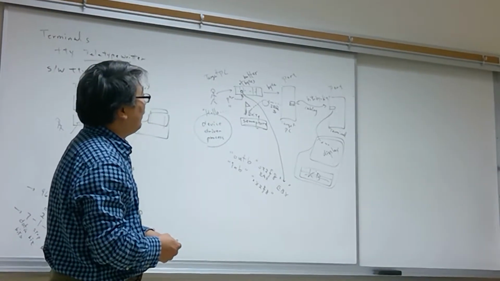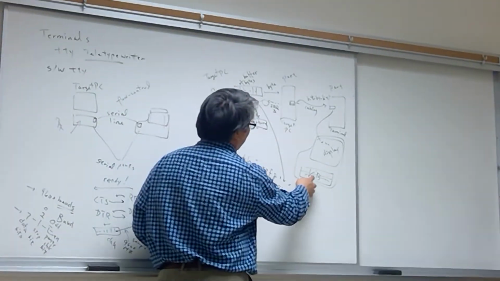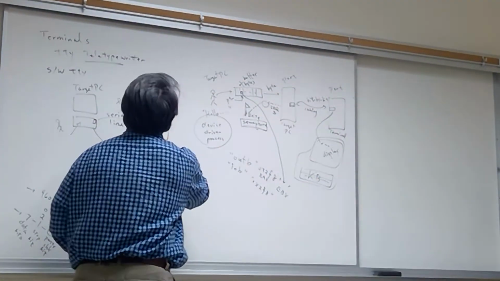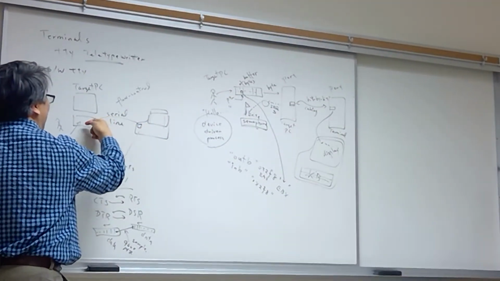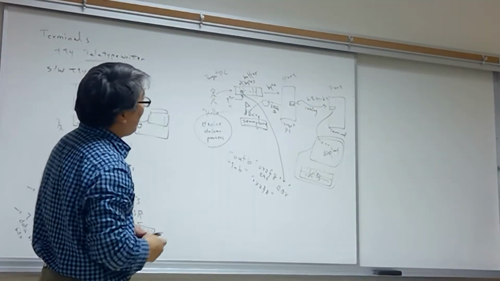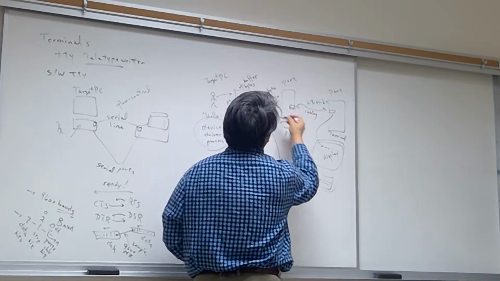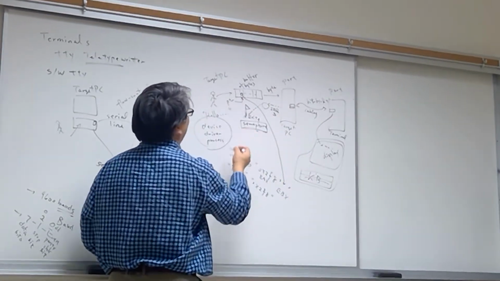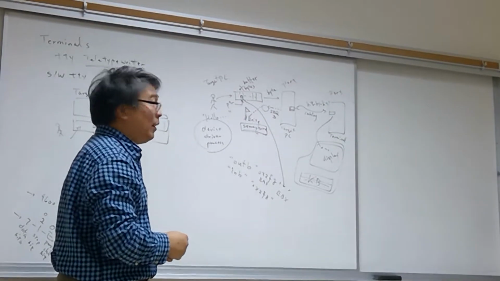Now the keyboard event is also a type of event. If you push a key on the keyboard on the terminal side, it needs to be received over here once you press it. That will trigger the event as well. And the device driver will know by reading the status in the port.